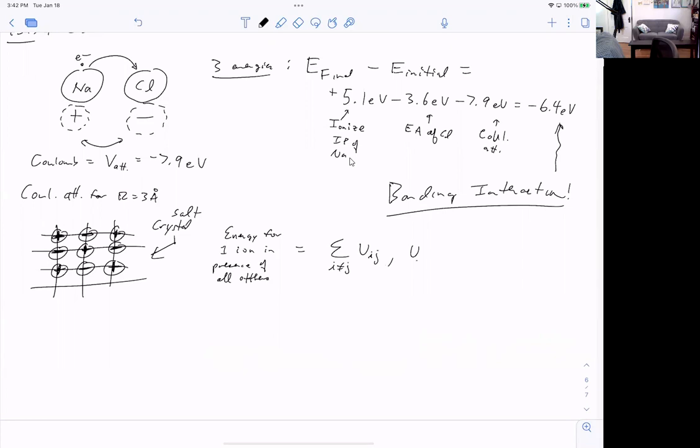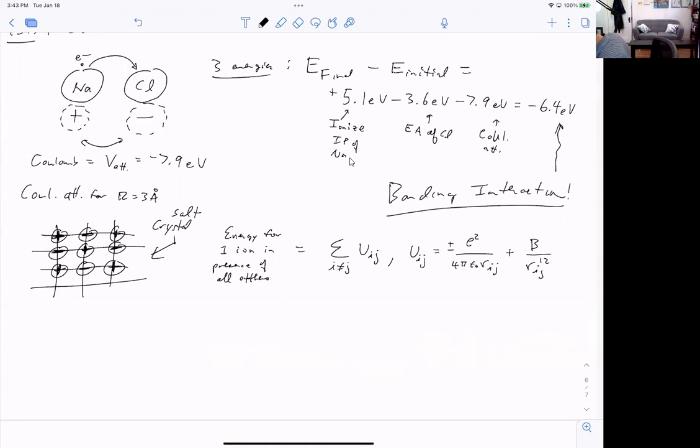where U_ij is just the interaction between them. It depends on which ions we're talking about, but between any two ions it's going to be plus or minus e squared over 4 pi epsilon naught R_ij, depending on the sign of the charge of the ions, and that's going to be plus B over R_ij to the 12th.